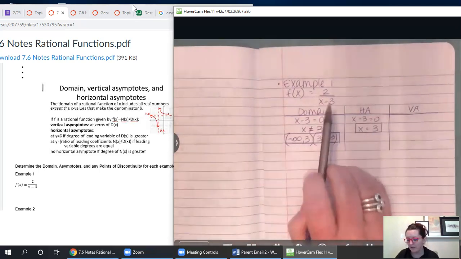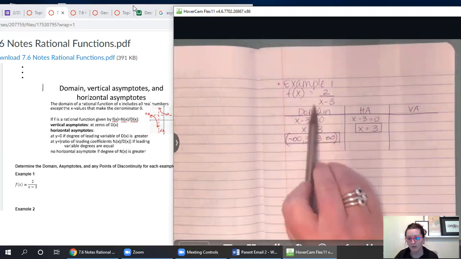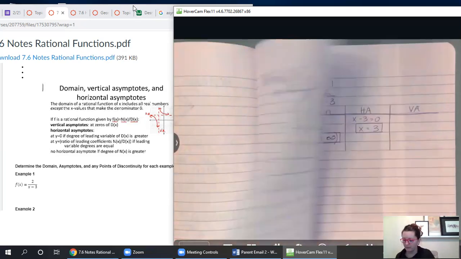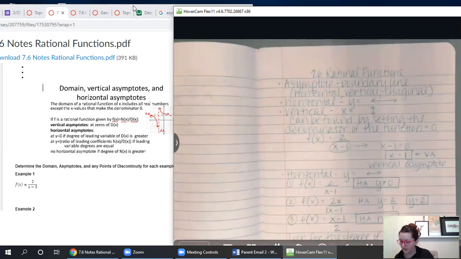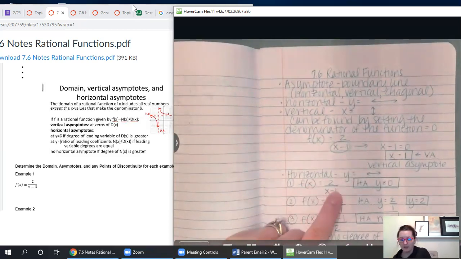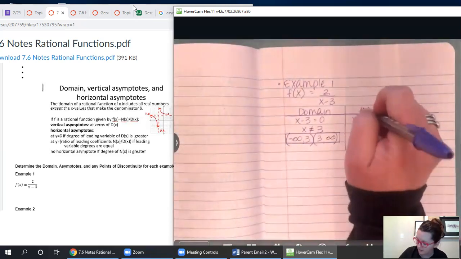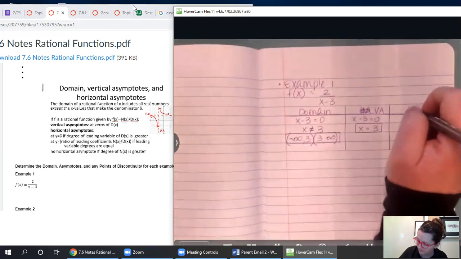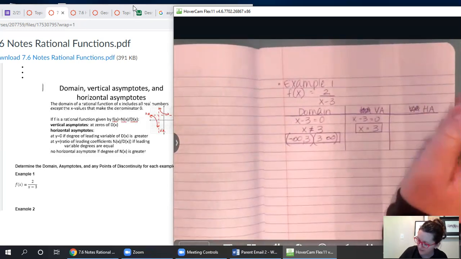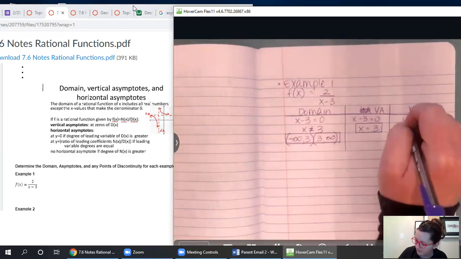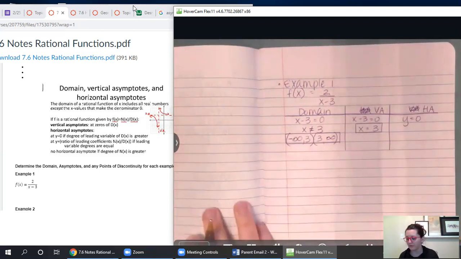If my leading degree is greater on the bottom, what does it tell us? It's okay to go back. Okay, if my degree is greater in the denominator, then my horizontal asymptote is y equals 0.